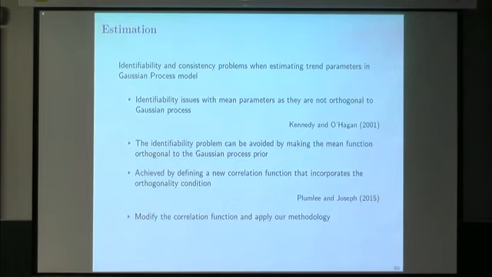In order to overcome this issue, we can modify our correlation function by making the mean function orthogonal to the Gaussian process prior. So we can use the same methodology, but change the correlation function to incorporate the orthogonality condition and find optimal designs for estimating the trend parameters.